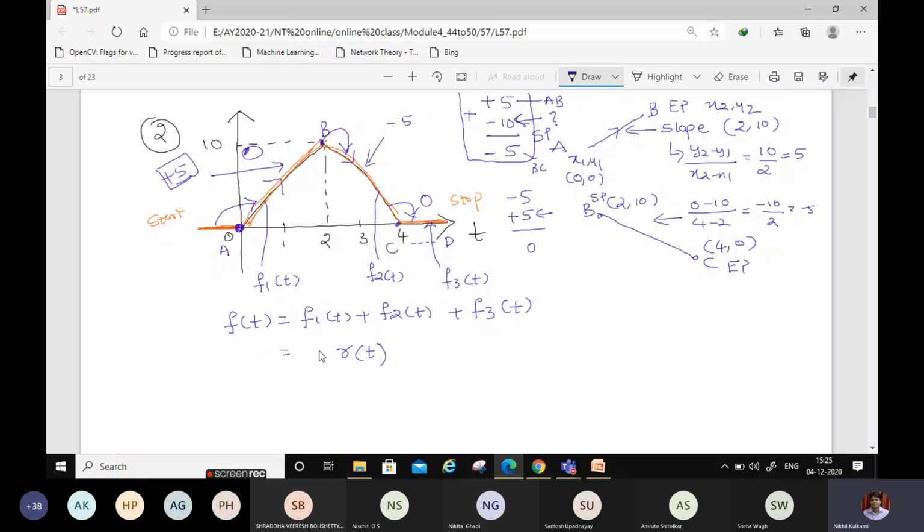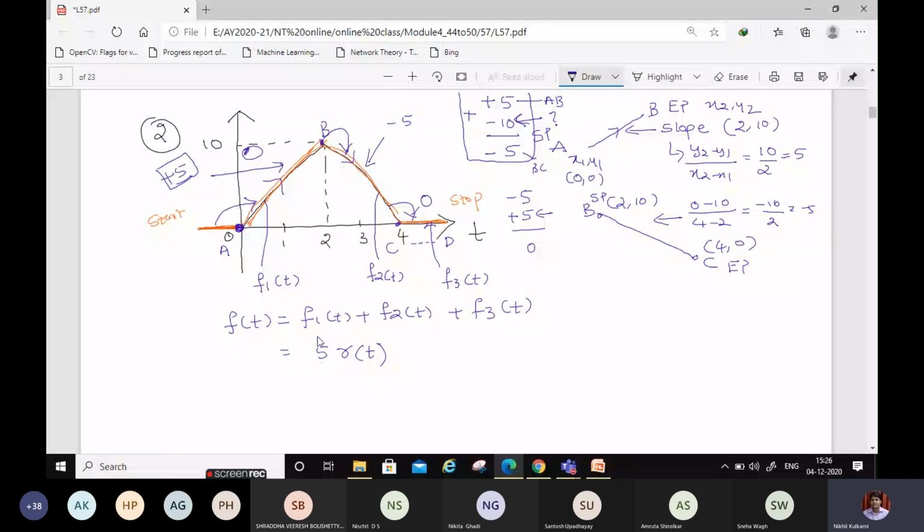And what is the slope here? y equal to mx plus c, what is the m value, what is the slope? 5. So it is 5 r of t, and here you have the previous slope as 5.